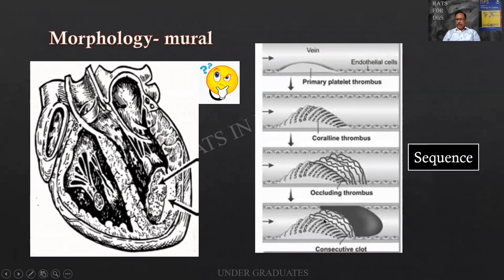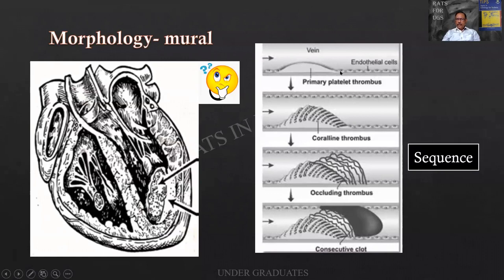And see what is going to happen. There is a clot that is formed, and obviously this will not be having much of a support. It will get detached and it will lead to the formation of an embolus. In some bedridden patients, there will be showers of emboli. Even if the patient recovers, he dies because of subsequent embolism. So this will be the sequence of events.